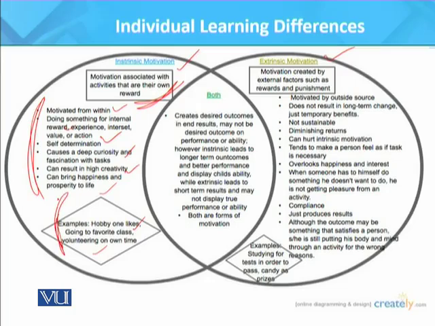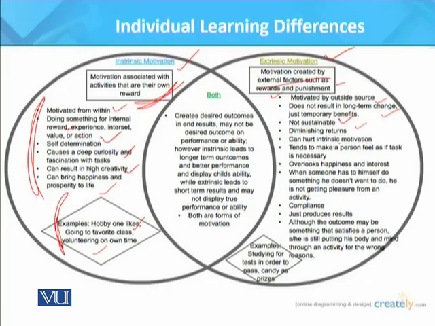Now, when we are talking about extrinsic motivation, this is the motivation outside one's personal domain, created by external factors such as reward and punishment, motivated by an outside source, and does not result in long-term change. It is considered not sustainable because it's the external factors which are more influential as far as this type of motivation is concerned.